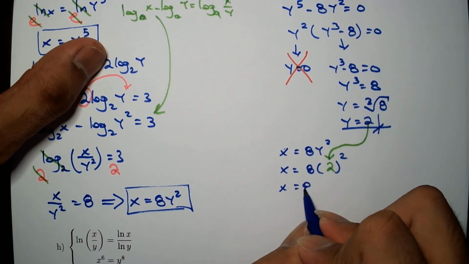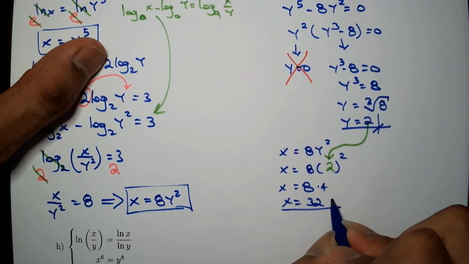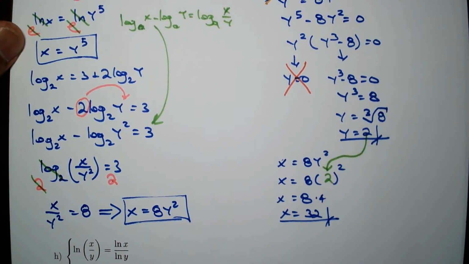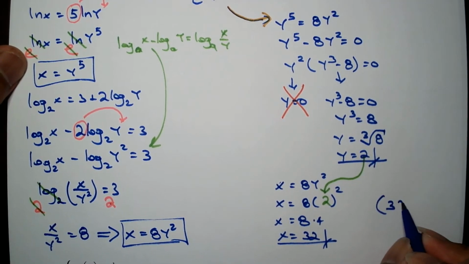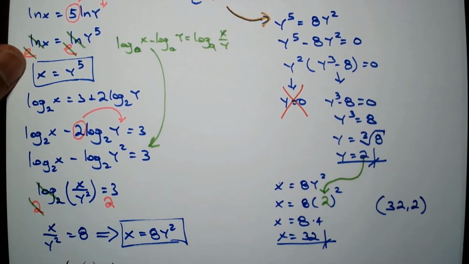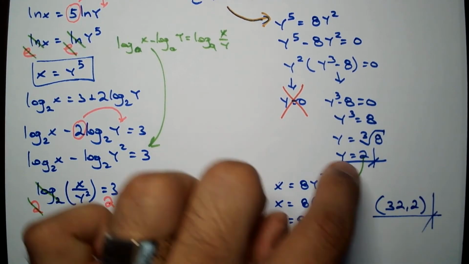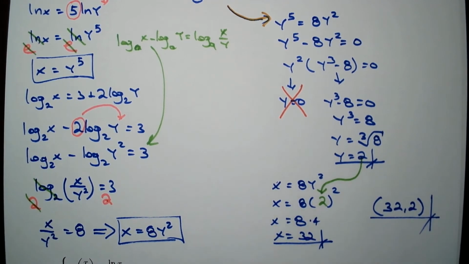So x equals 8 times 4, and x equals 32. So the final answer for the solution of this system of equations in logarithmic form is (32, 2). Final answer as an ordered pair. Of course, individually x and y, but we always submit answers as ordered pairs.